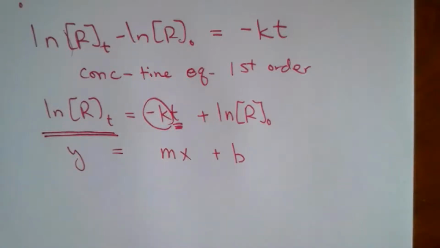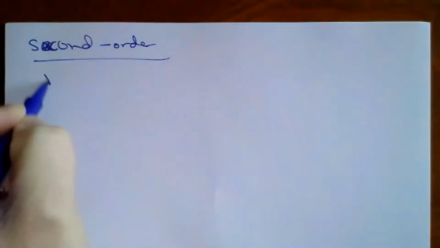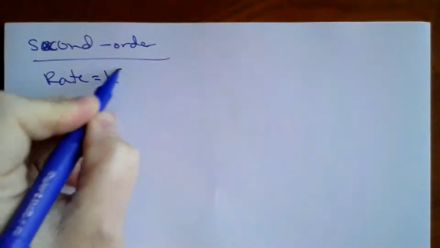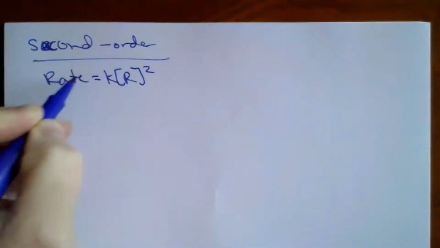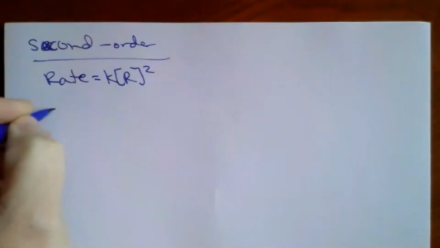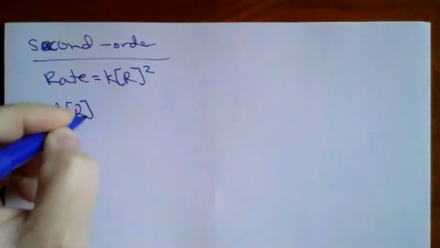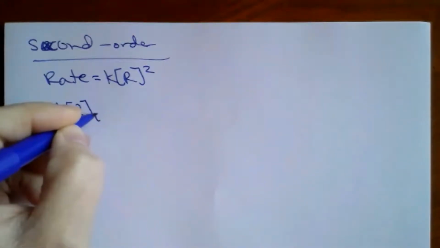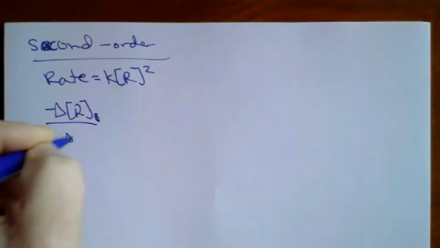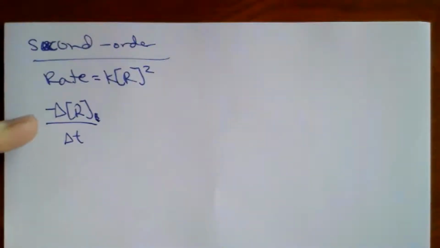What's it like for second order? For a second order reaction, our rate law says rate equals k times the reactant concentration squared. Doing the exact same substitution I just did for the first order, the reaction rate can be described as the rate of decomposition of reactants over time.